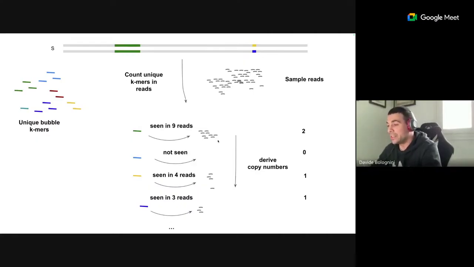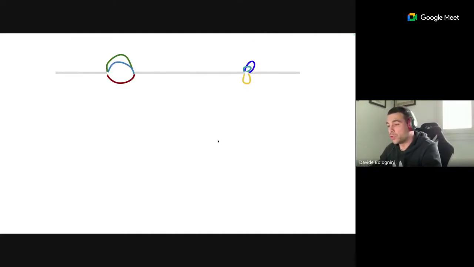So the number of k-mers that you see and the distance between bubbles, those are pieces of information that are integrated into a model, which is an HMM, and this models the unknown genome as a mosaic of the provided haplotypes and reconstructs it based on the k-mer counts observed in the sample sequencing reads.